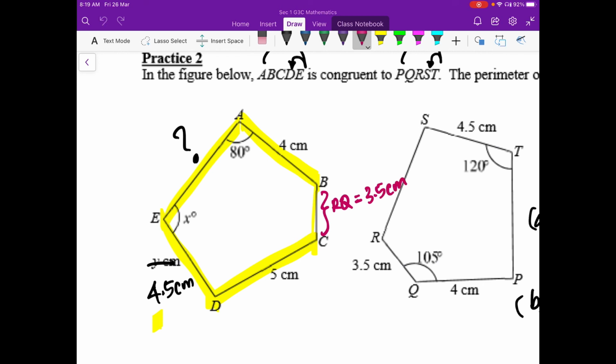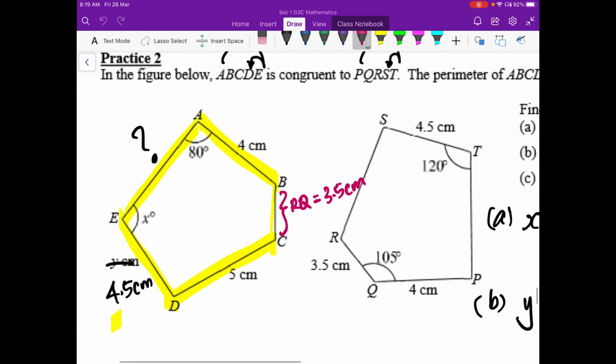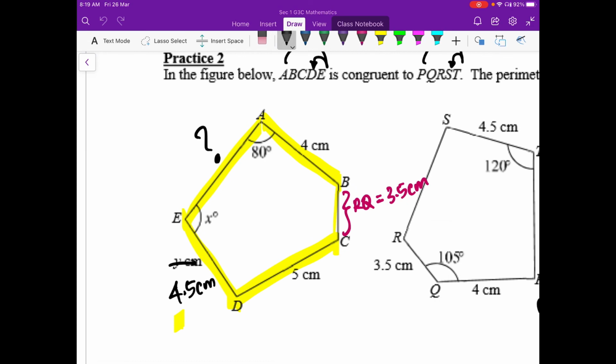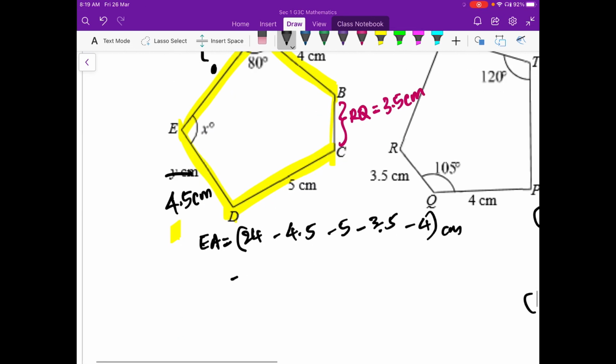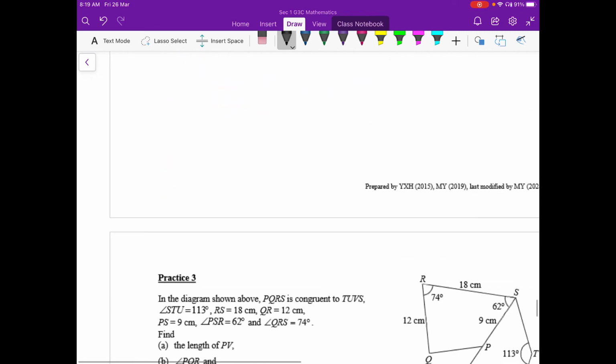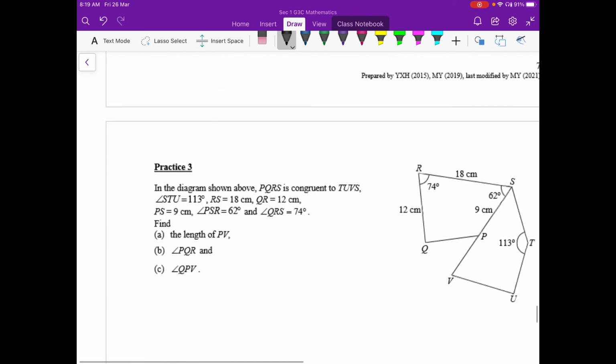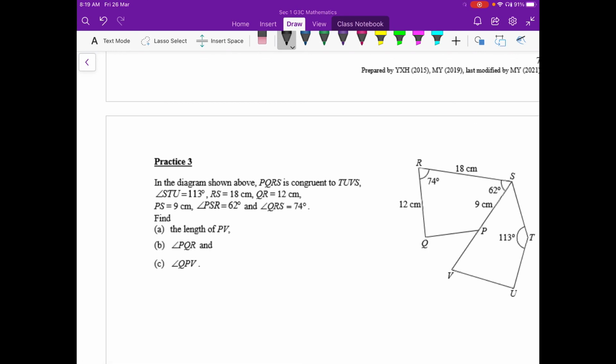So now we can find the value of EA. EA equals 24 minus 4.5 minus 5 minus 3.5 minus 4 cm. Okay, so you can figure this out by yourself. Next question. Practice 3. Okay, please try it.